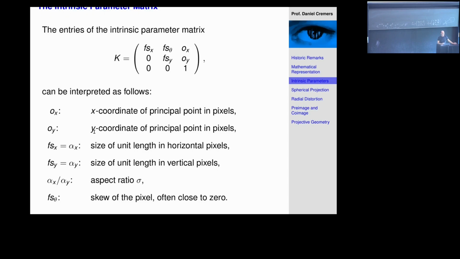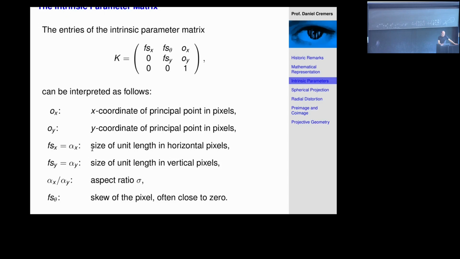And so depending on what number of pixels you want to have in X and Y direction, this will get a different value here. And similarly, SX and SY are the scaling that depends on the size, the resolution in X and Y, and then they're multiplied with the focal lengths.